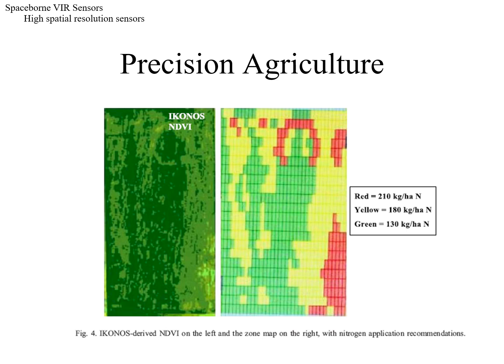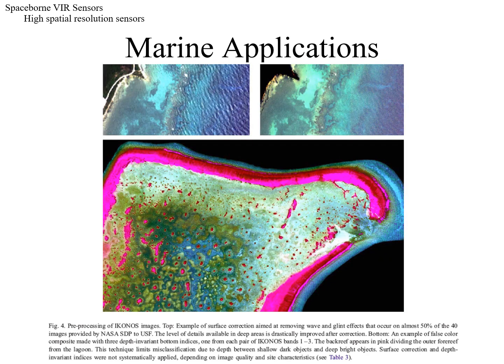So instead of applying the same amount of nitrogen throughout the entire area, you're just going to pinpoint those areas that need the most and therefore cut down on nitrogen use and cost, and also on nitrogen pollution and runoff. Marine applications, these have been very important, particularly with coral bleaching.